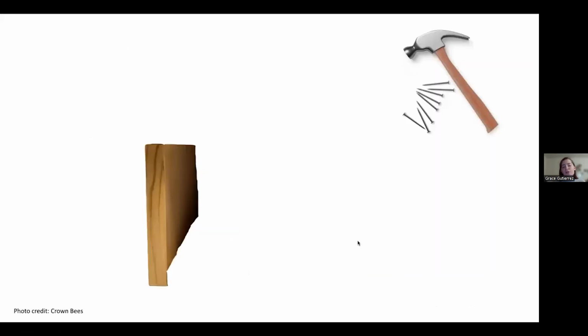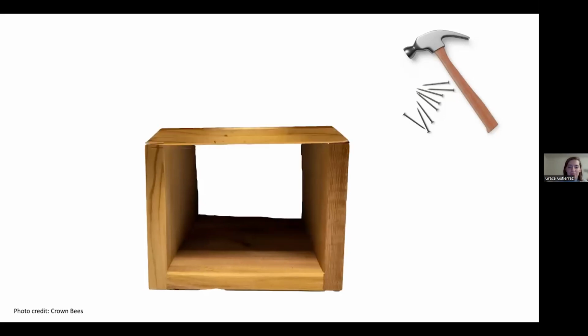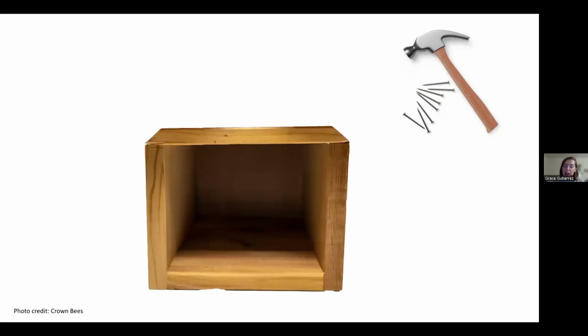And I wanted to do this cute little animation. Since we can't be together in person to build the bee hotel together, I just thought it might be fun to see how you might build it with some hammer and nails and some wood. So essentially you want to start off making a box structure with a backing, of course, too.